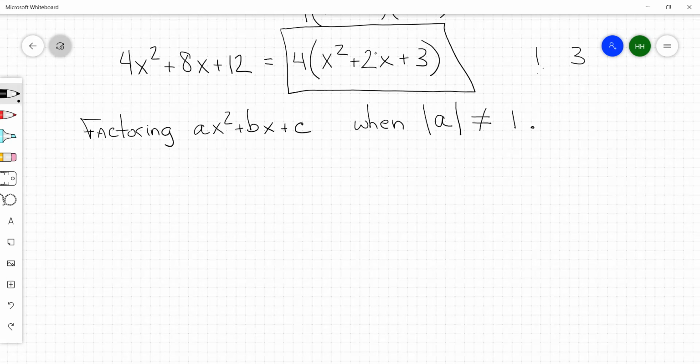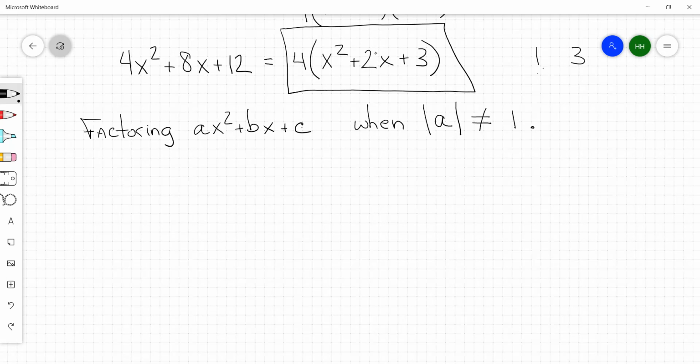Which is another way of saying that this a value is not going to be positive or negative 1. Yesterday, when it was a negative, all you did was factor out a negative 1. When it was a 1, the rule was 2 factors that multiply to c, but they add up to b.